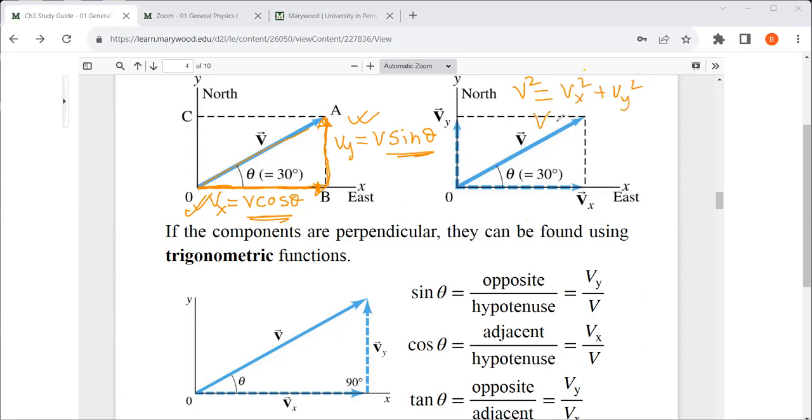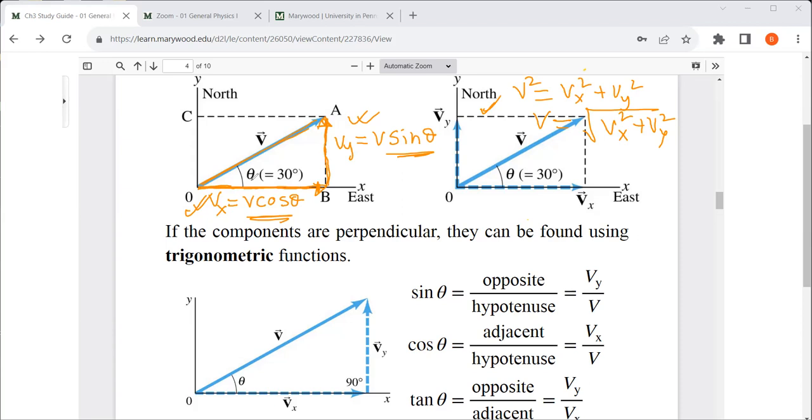So v, the length of this vector, is the square root of vx squared plus vy squared. Okay, very simple. So once you have the components, you can get back to the original vector by using the Pythagorean theorem.